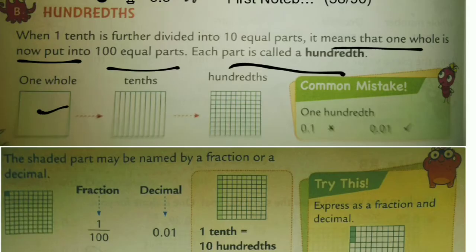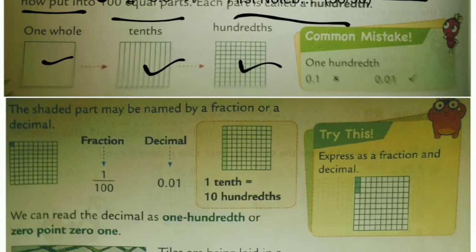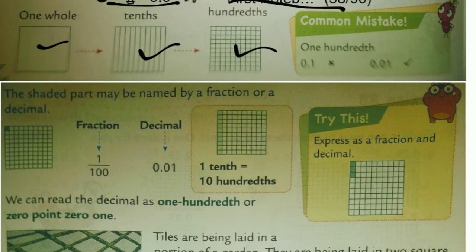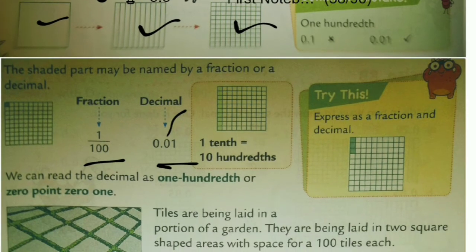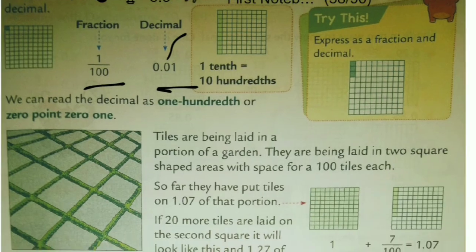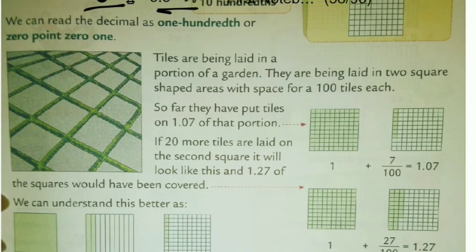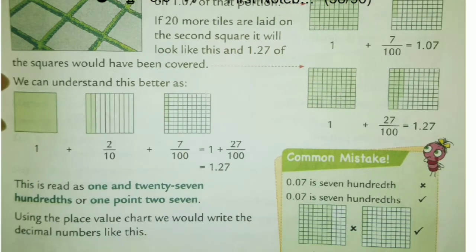This is one whole, this is tenth, and this is hundredth. It means 100 parts. Same here, in fraction we write 1/100, and in decimal we write 0.01. Why 01? Because this 0 represents the 10th part, and the 10th part is not there, so we write 0 only. Clear? So like this we can write it in words also.